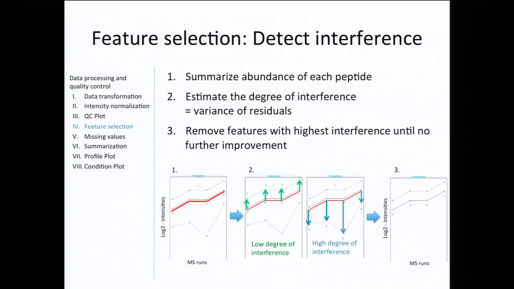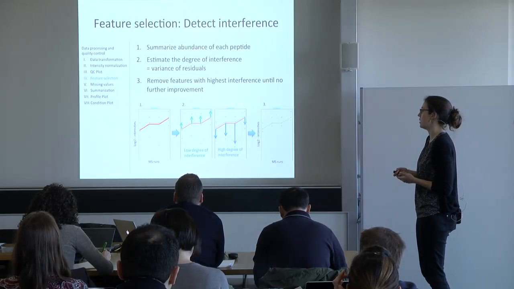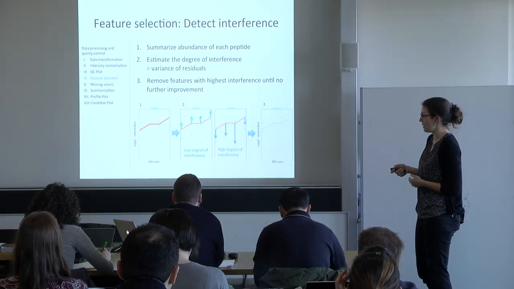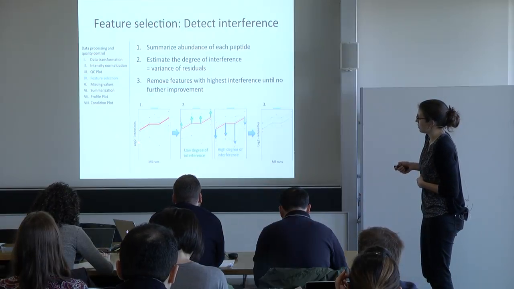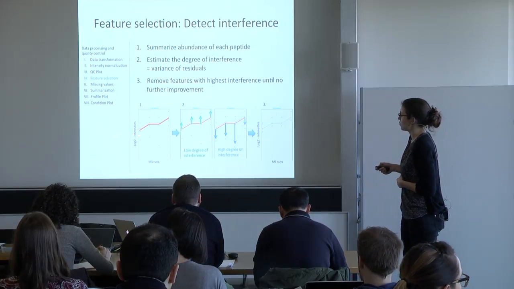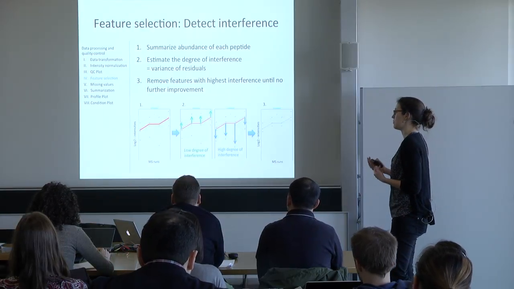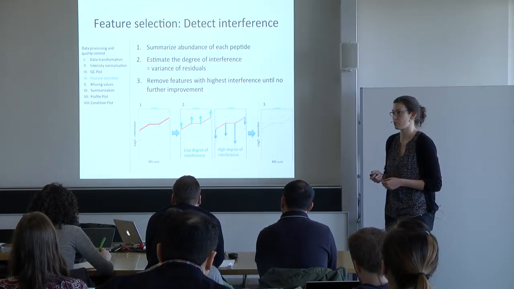And this is done with a simple algorithm. So in a first step, the fragment ion intensities for each peptide are summarized in an outlier stable way. So here you see again this profile plot for 4 transitions of one peptide, and this red line here visualizes the summarized intensity profile.